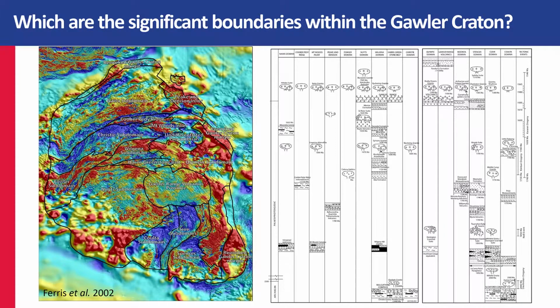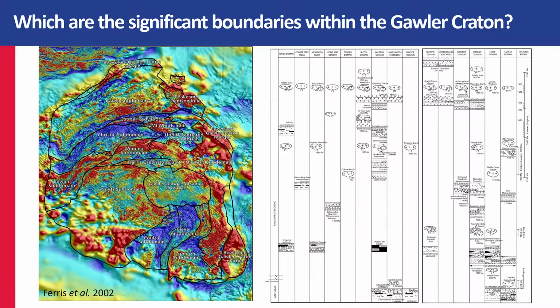The magnetic signal is really dominated by the response of the upper crust. So in the Gawler Craton, a lot of these boundaries are defined by the distribution of intrusive rocks, which are often very magnetic, or the metamorphic grade of the cover sequences.